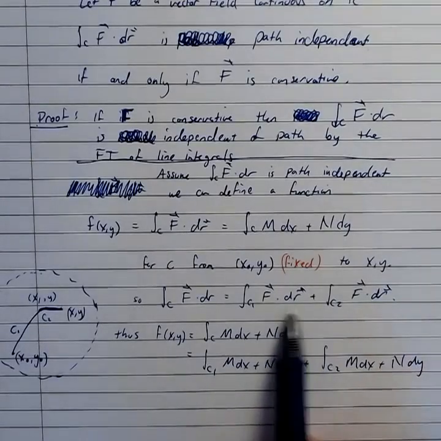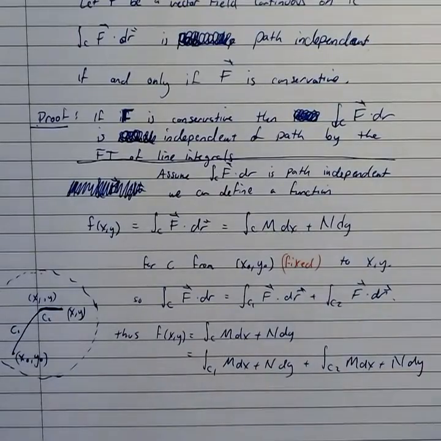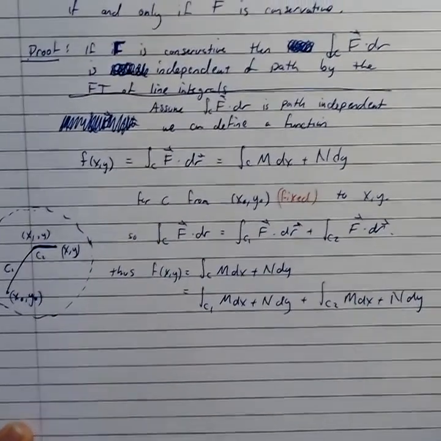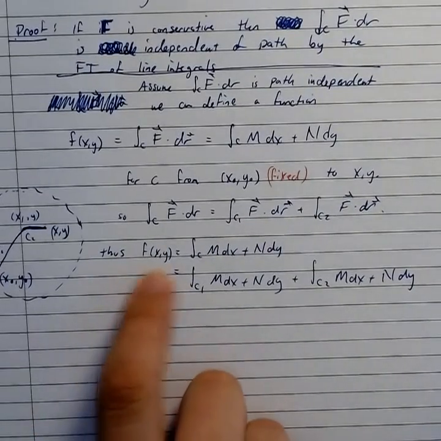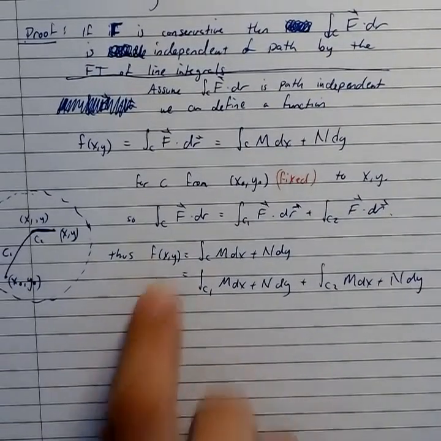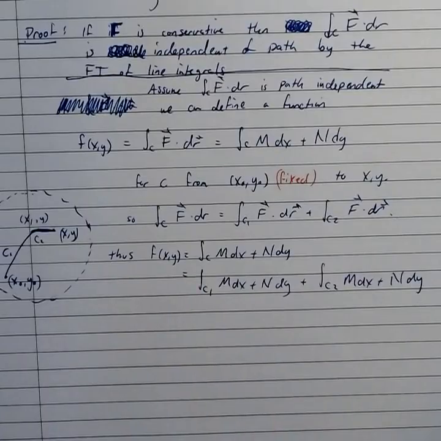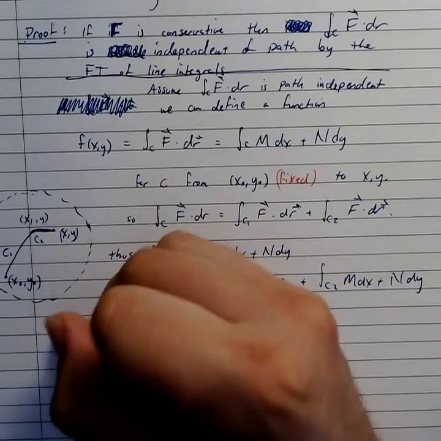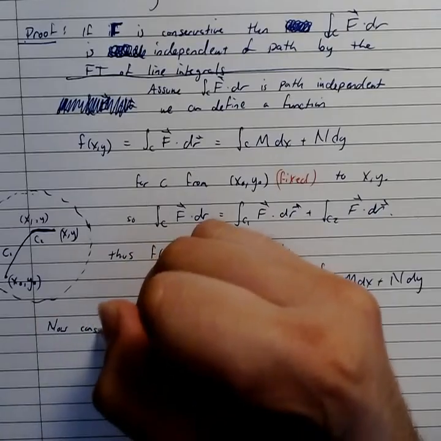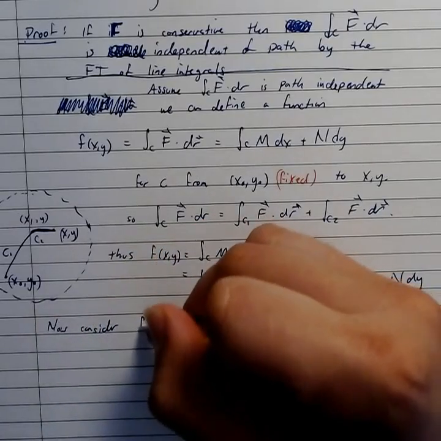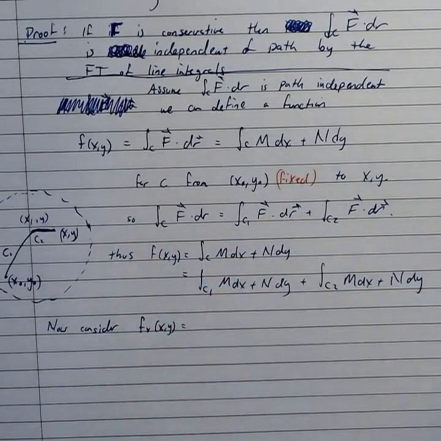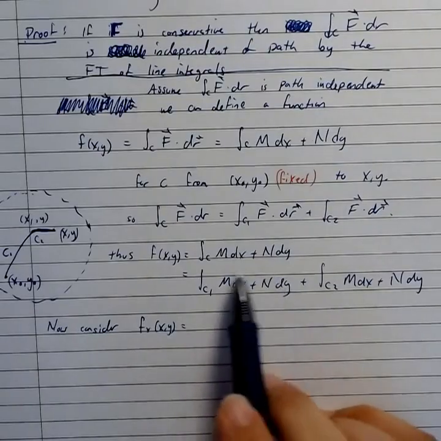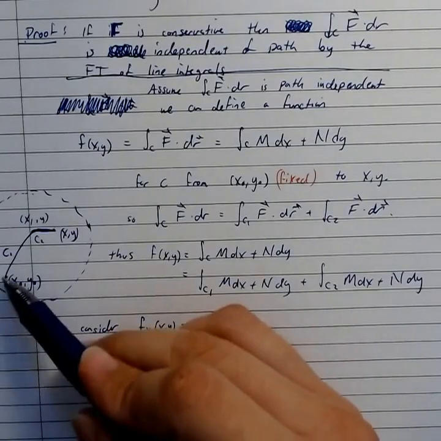And all I'm doing is writing these in their differential forms. Now let's take a partial of this with respect to x. After all, that's a function of x and y, so I should be able to find a partial of it with respect to x. So now consider f sub x of x, y. Well, what is that? Well, notice this first integral is over C1.